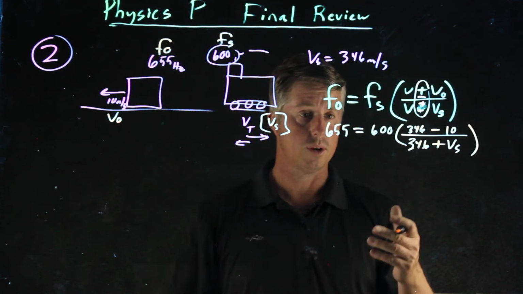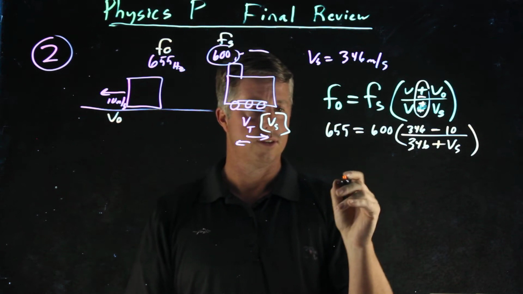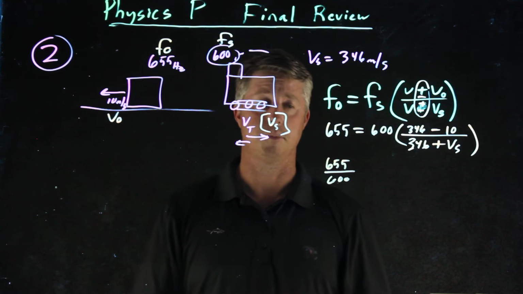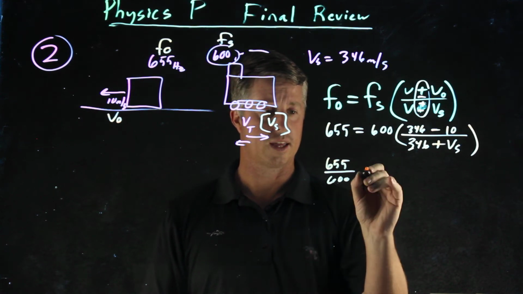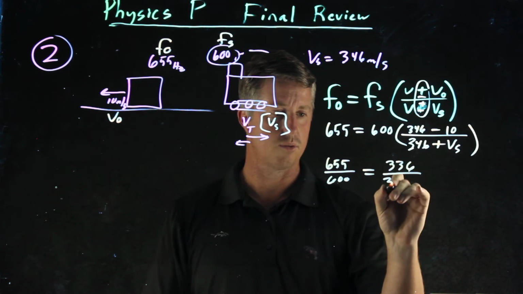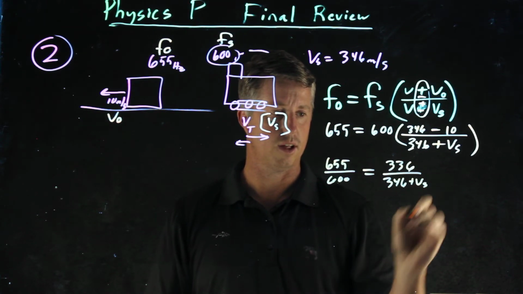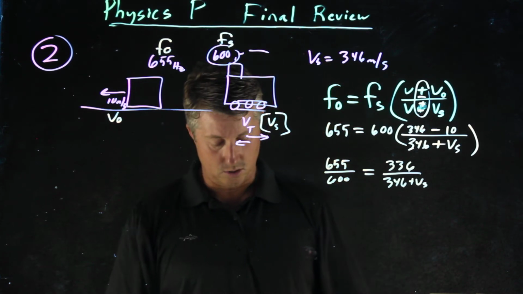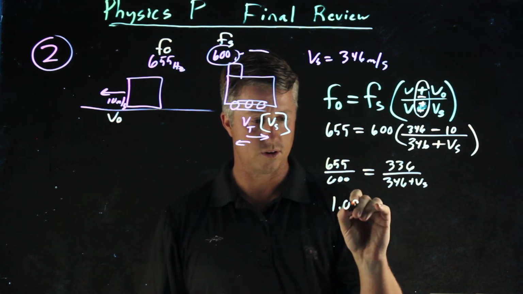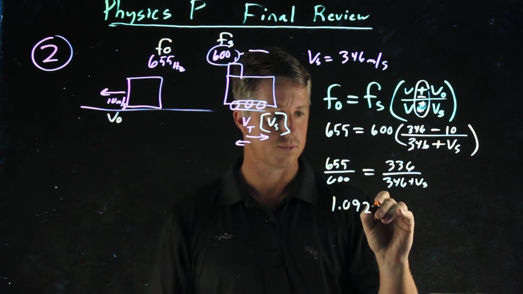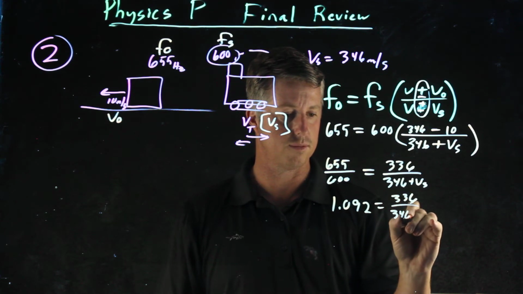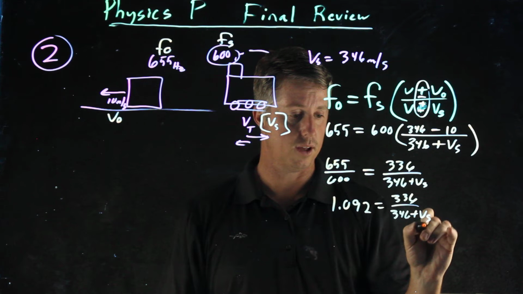Okay, so now we need to plug our numbers in and do some math. My first math step would be 655 divided by 600. On the top here, I would have 336 divided by 346 plus the velocity of the source. 655 divided by 600 is 1.092, which equals 336 over 346 plus the velocity of the source.